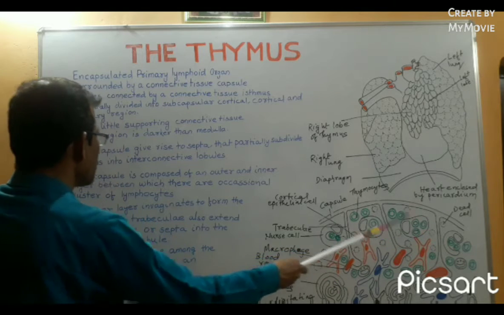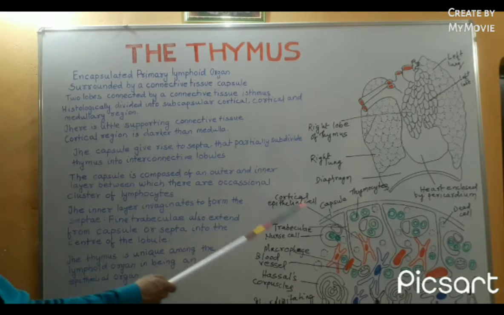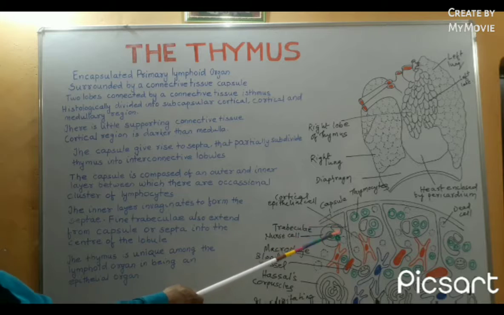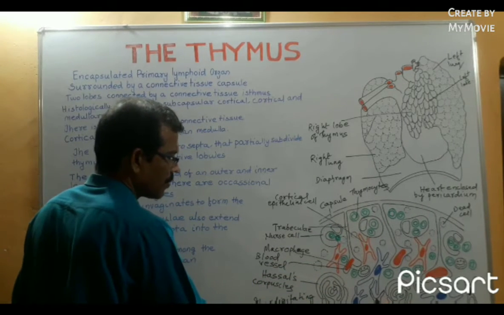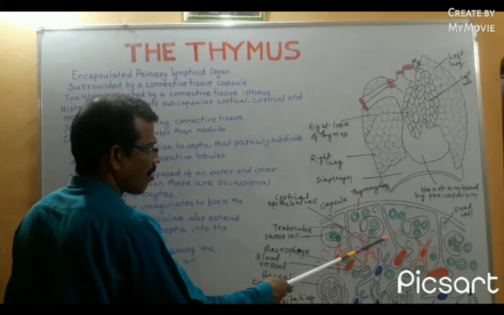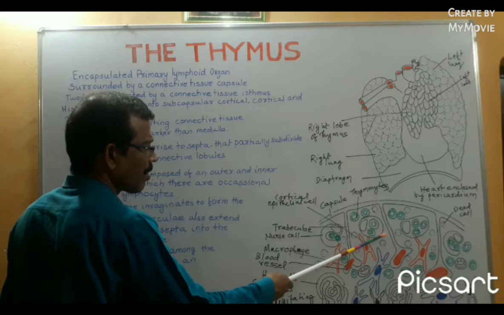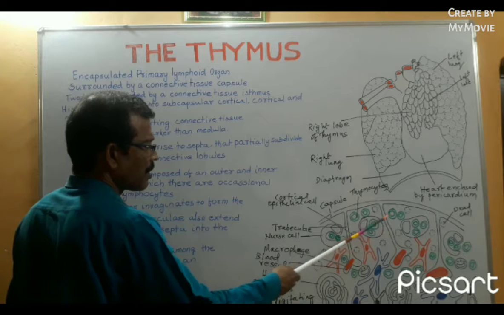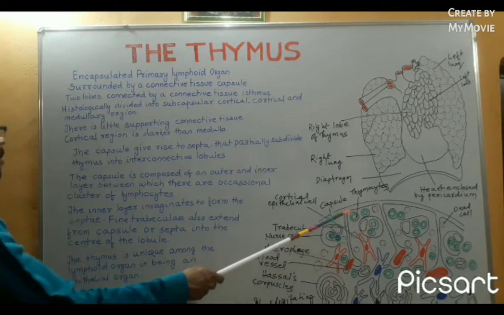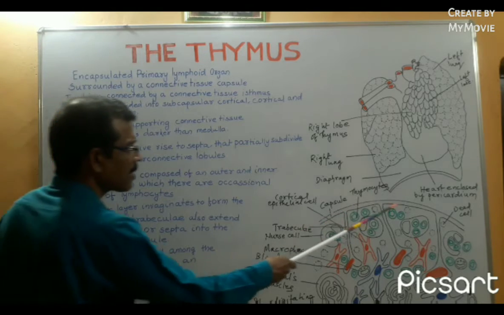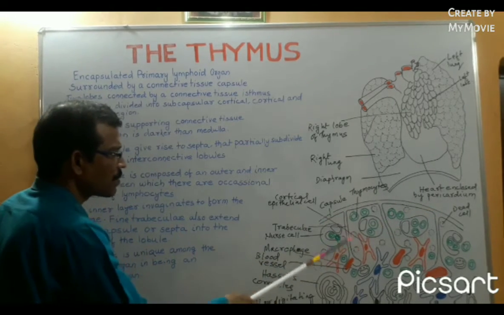Inside the thymus, there is little supporting connective tissue. And the cortical region is darker than medulla. This is due to the presence of a greater number of lymphocytes in the cortical region as compared to medullary region. And the connective tissue capsule gives rise to septa.